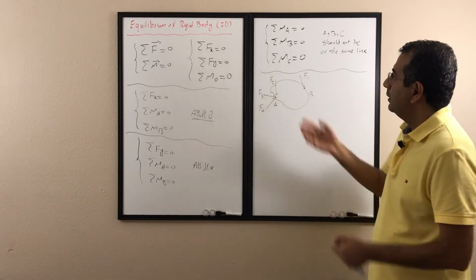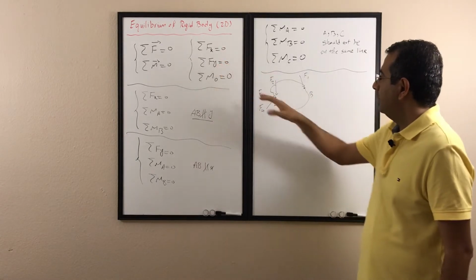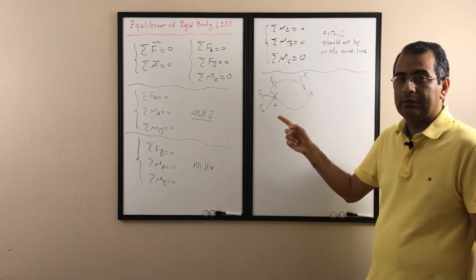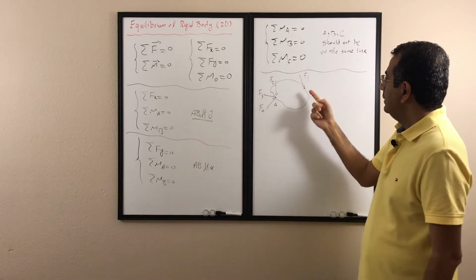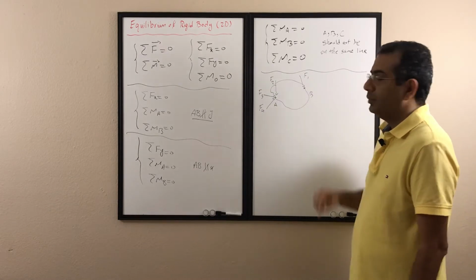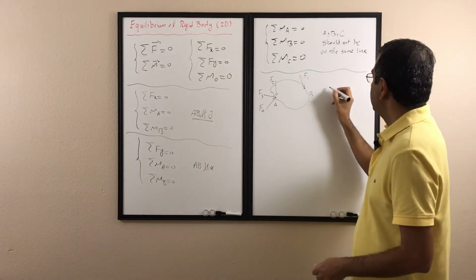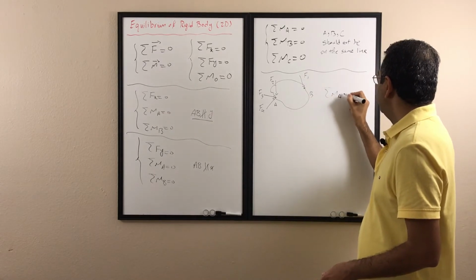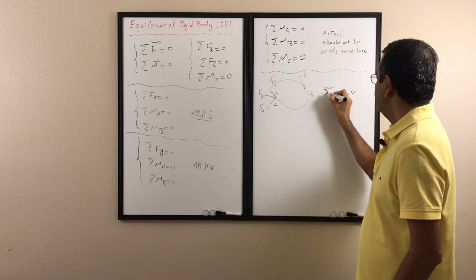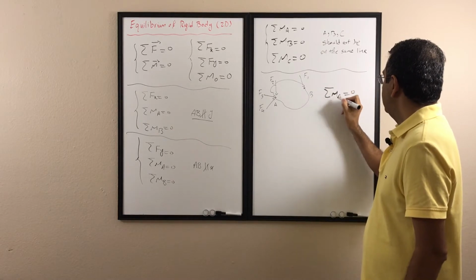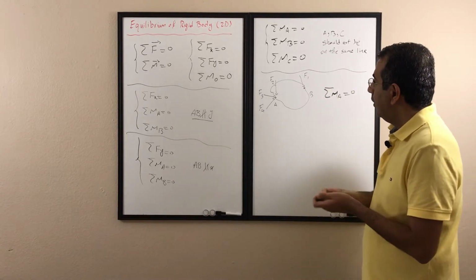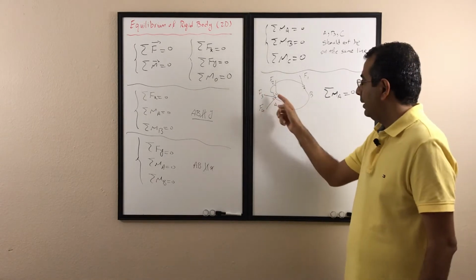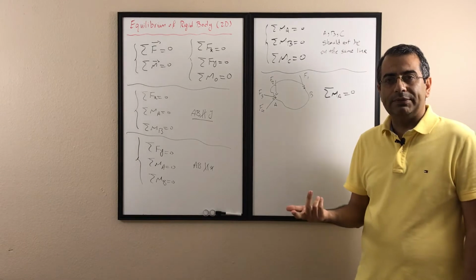if I write sigma Fx and sigma Fy, I'm going to have components of all 4 forces. But look here, if I write the moment about point A, sigma M about A is 0, then F2, F3, and F4 all pass through point A. Because they all pass through point A, their moment is going to be 0.